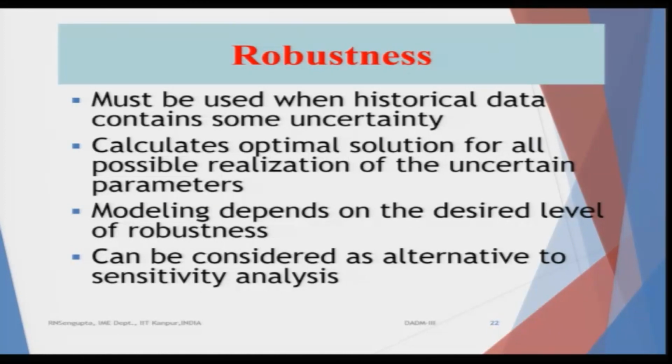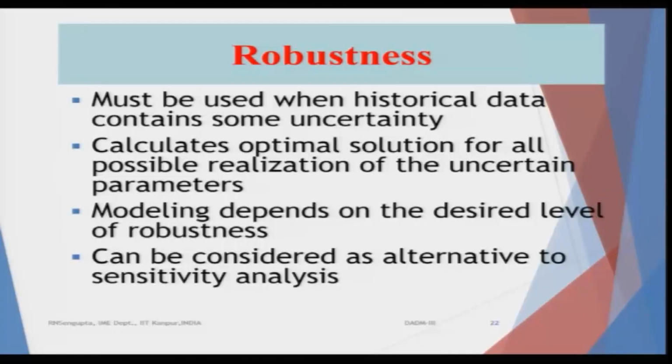Now, when we are trying to consider the concept of robustness, we should analyze why we are trying to use it. So, is it necessary, or could we have solved our problem without any robustness concept?